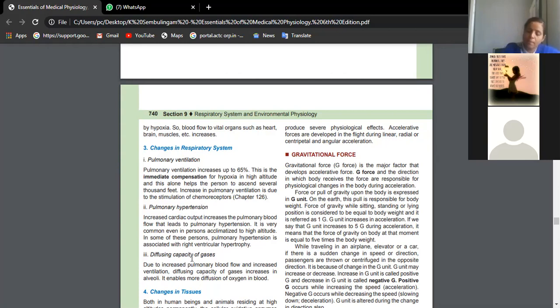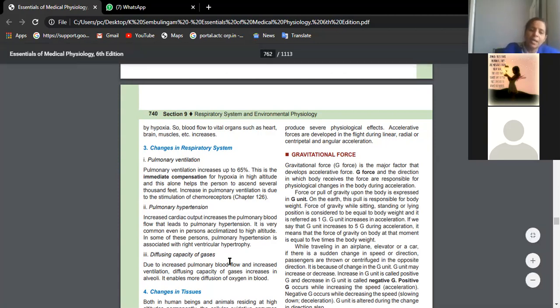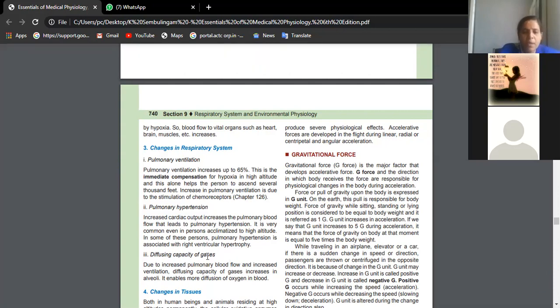Suppose carbon dioxide accumulation is there in the blood, the same carbon dioxide containing blood will go to the medulla oblongata. That will stimulate the respiratory centers. Do you remember we have the dorsal group of neurons? Those respiratory centers are stimulated and then you will see the rate and depth of respiration increasing.